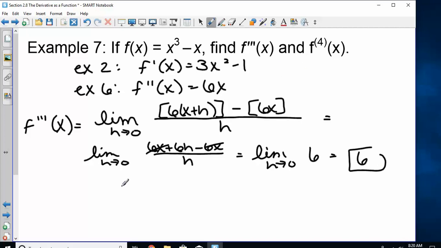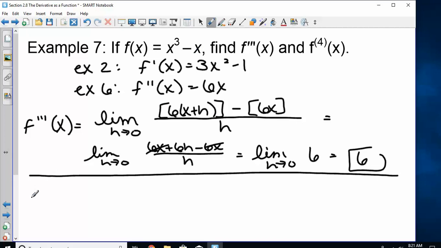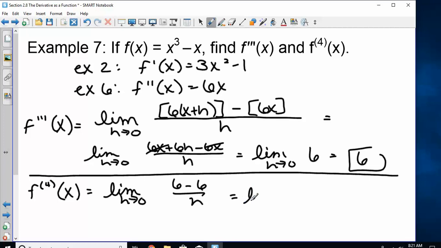I also asked what the fourth derivative is. You notice since it was a polynomial we started with, they are getting a little bit easier each time. So for the fourth derivative, the limit as h approaches 0 of f of x plus h, which is just a constant, still 6, minus f of x, all over h.